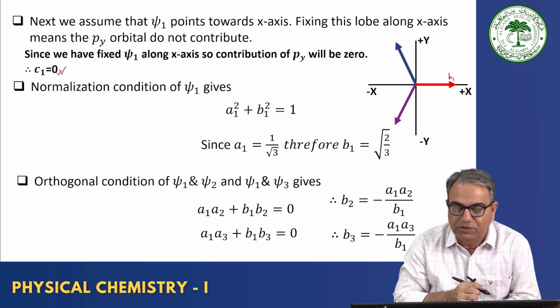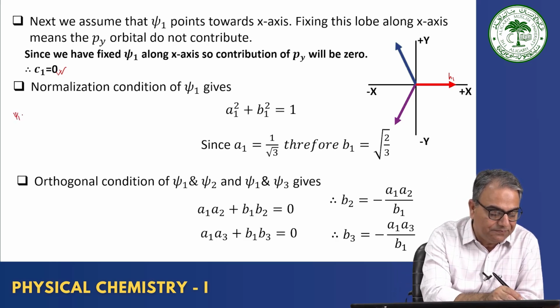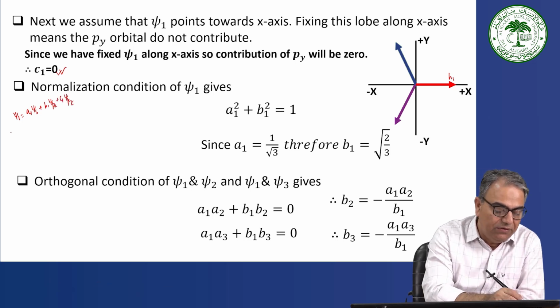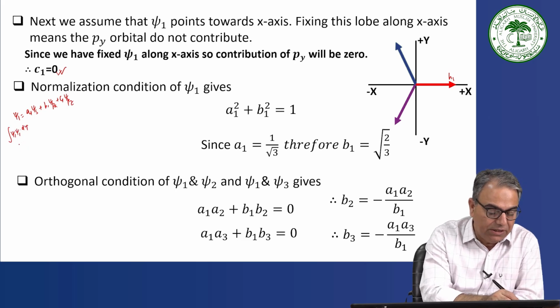And the moment you say c1 is equal to 0, then the first wave function psi1 was a1 psi s plus b1 psi px plus c1 psi pz. If you find out the normalization condition, again I did it earlier also, just for your convenience. If you find out the normalization constant, what will it be?